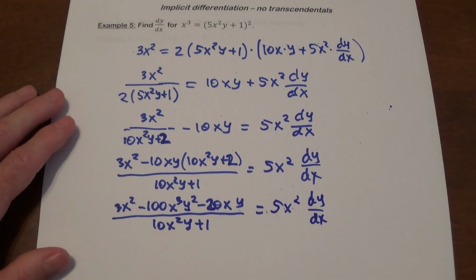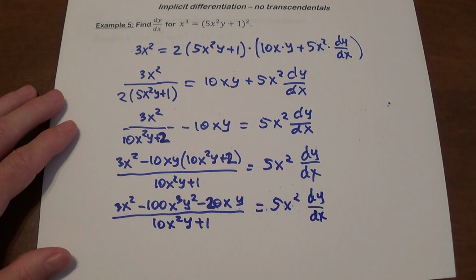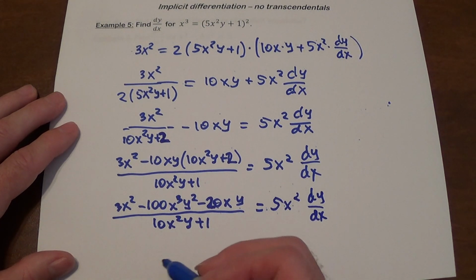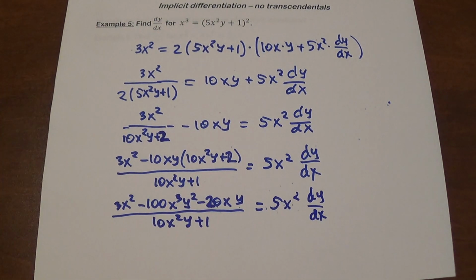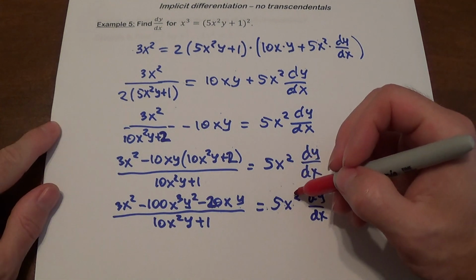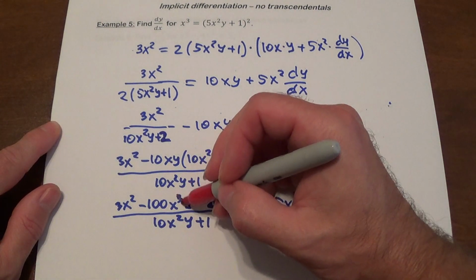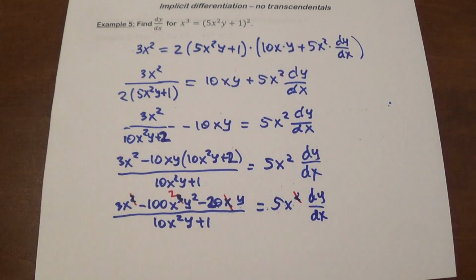Okay, and we finally have to divide both sides by 5x squared. And when we do that, we're going to get, so here's what I'm going to do. Because every term in the numerator has 1x, we are going to be able to divide by 1x. That's going to cancel that, make this 2, and cross out the square.